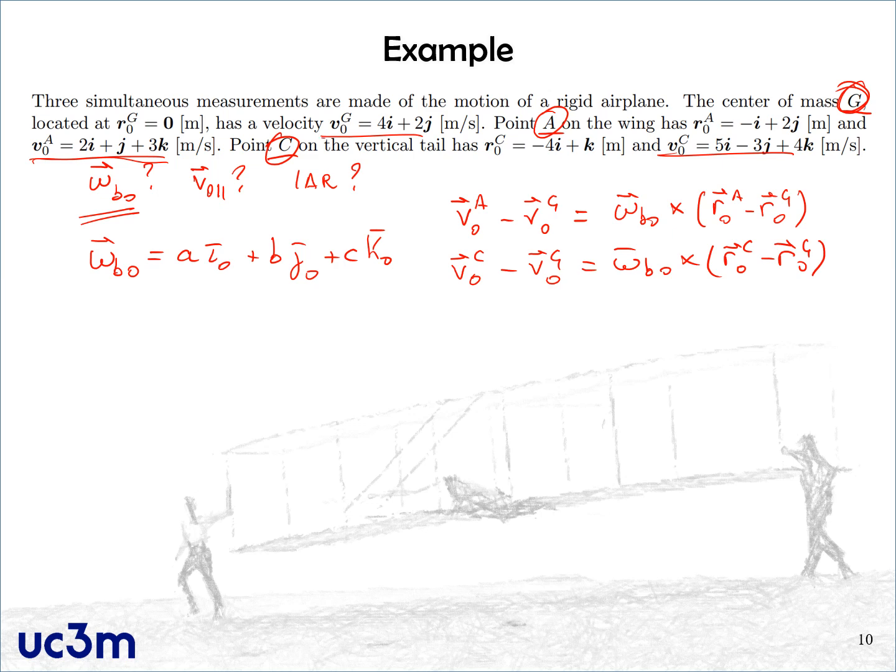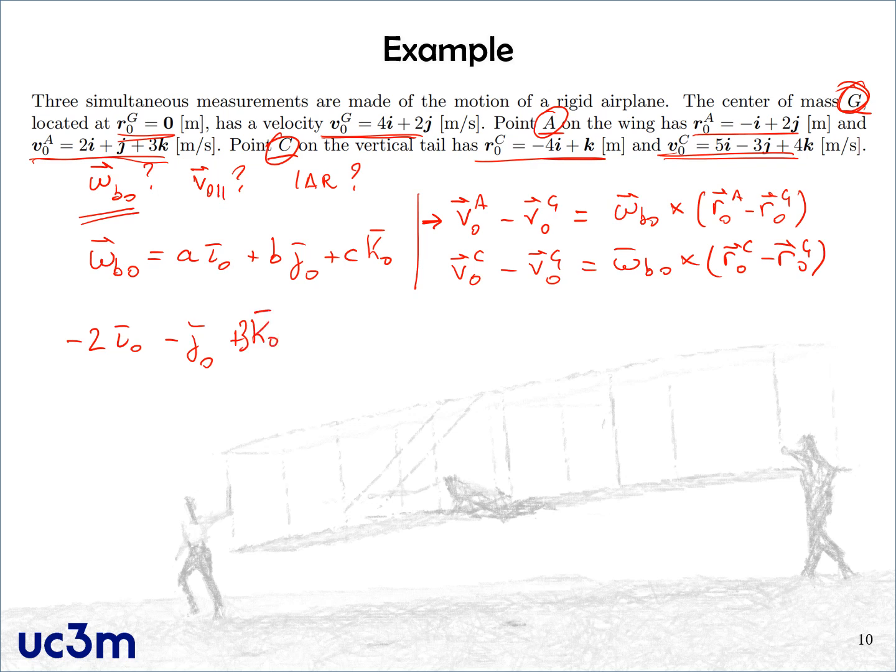Here in the statement of the problem, the information doesn't have the subindex, but this is the basis 0. So I just need to work out these two equations. Starting with the first one over here, the difference between the velocities of A and G is minus 2 I0 minus J0 plus 3 K0.